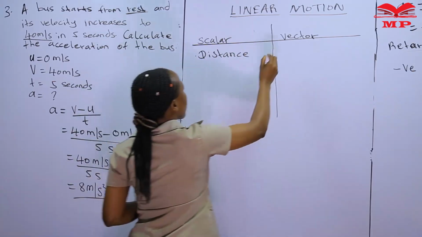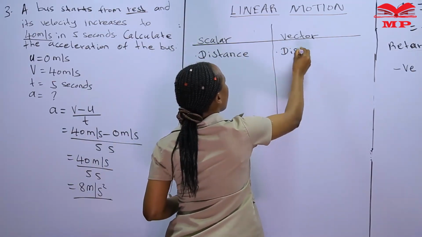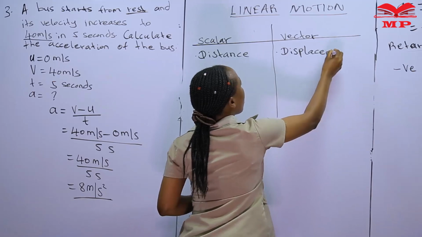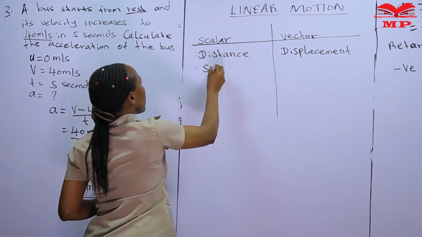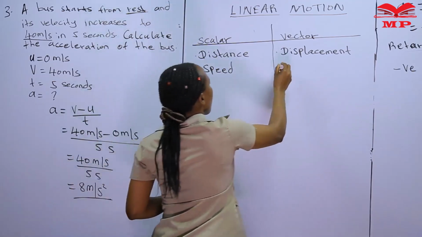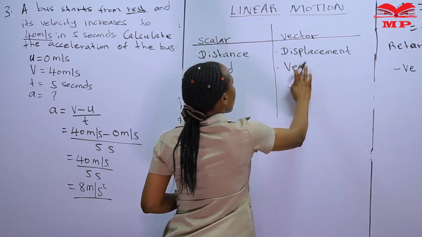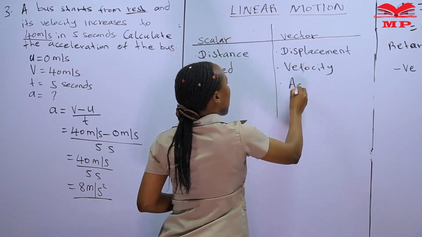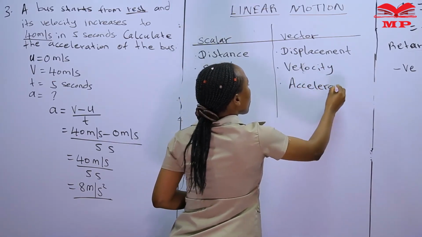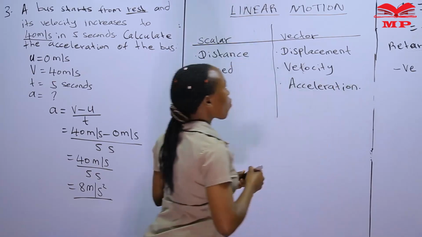Then we had displacement, which is a vector quantity. Then we have speed, which is a scalar quantity. We have velocity, which is a vector quantity. And we finally have acceleration, which is also a vector quantity.